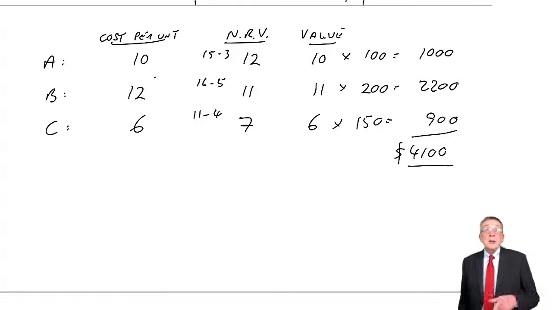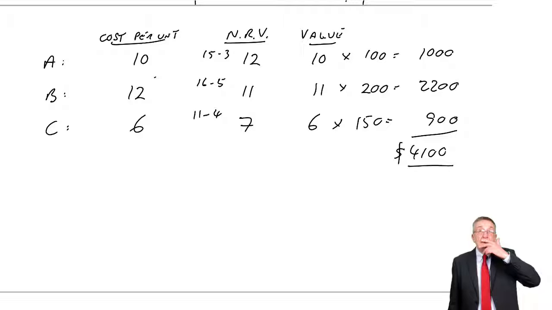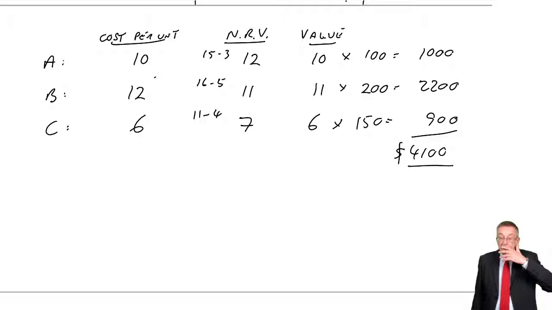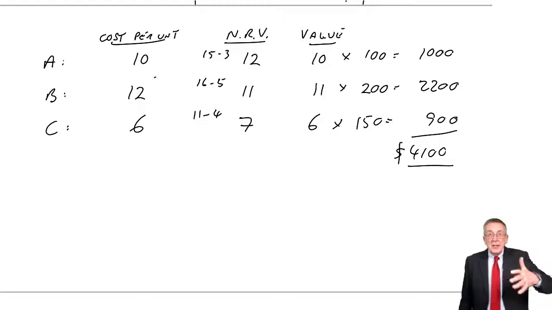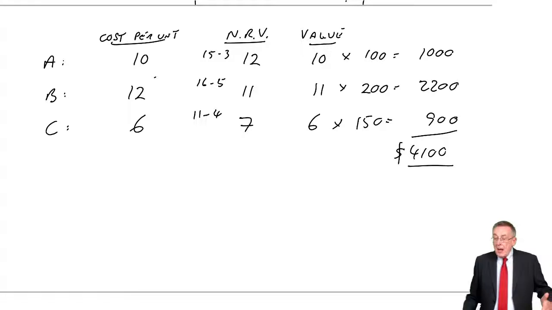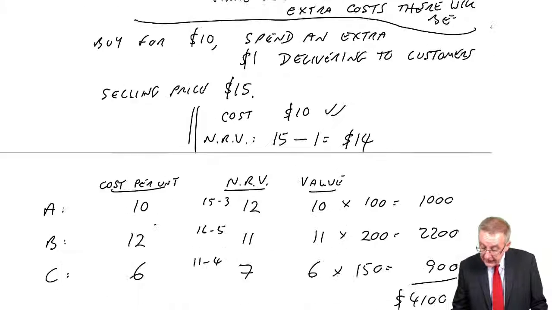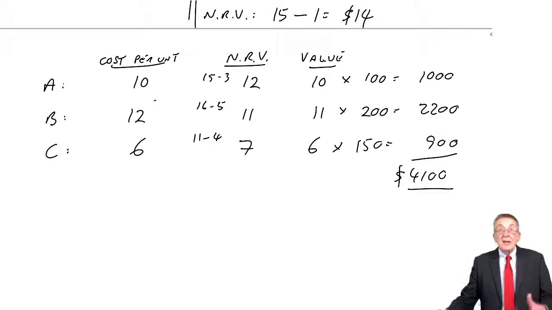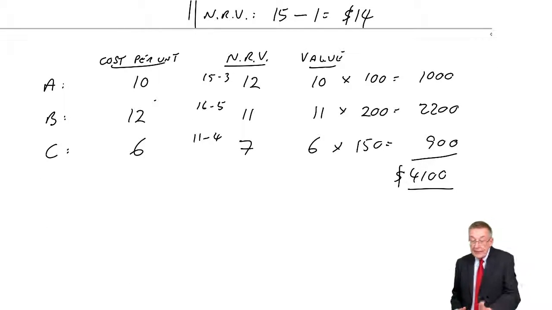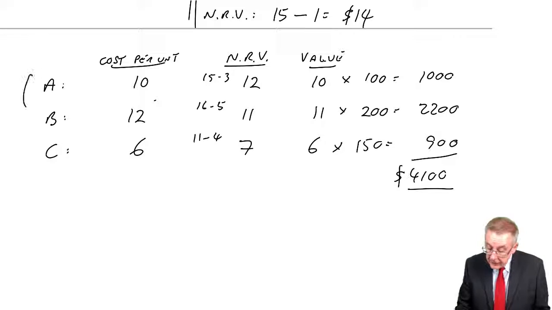So I hope that's clear, but do remember one thing I said before, that each unit is valued effectively separately. Say, in my previous little example, look at A, for instance, I have 100 units.